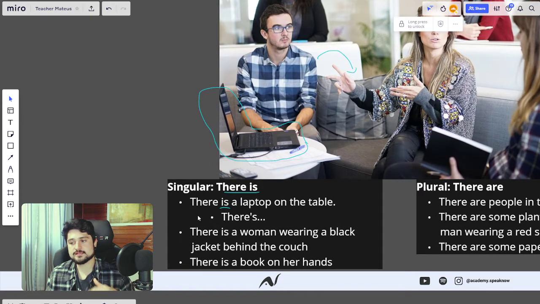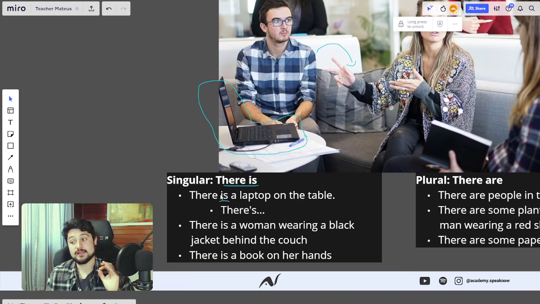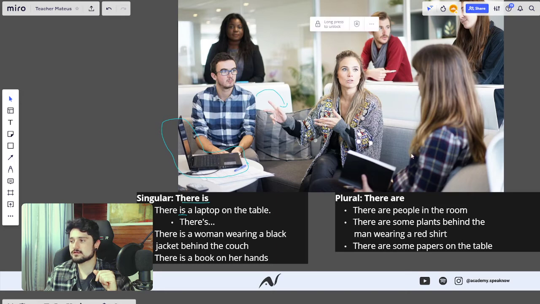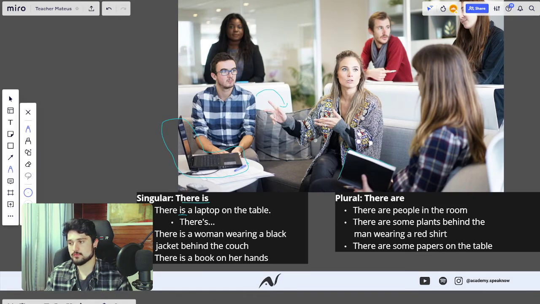So here are some examples of the usage of there is. There is a laptop on the table. There is a woman wearing a black jacket behind the couch. There is a book in this woman's hands. Okay, so you see here there is only one book. So that is singular, right?